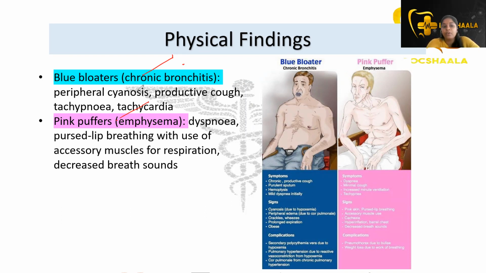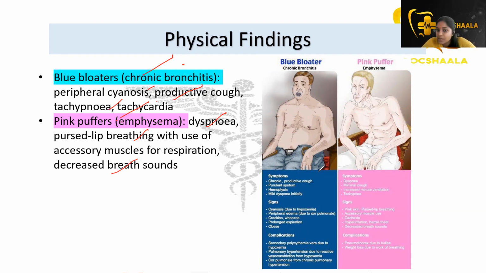In blue bloaters, we see peripheral cyanosis, productive cough, tachypnea and tachycardia. And in pink puffers, we see dyspnea, pursed lip breathing with use of accessory muscles for respiration, and decreased breath sounds. Here in this image, you can see it more clearly, right? The differences between blue bloater and pink puffer.